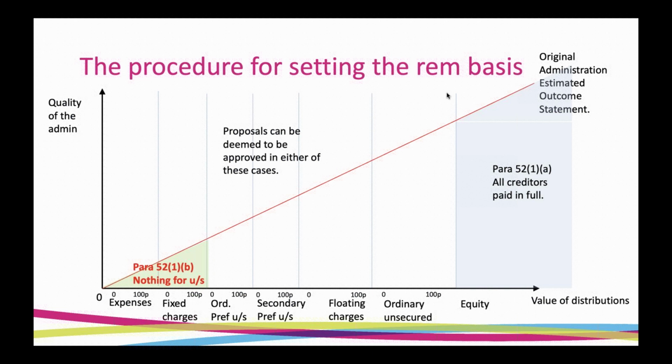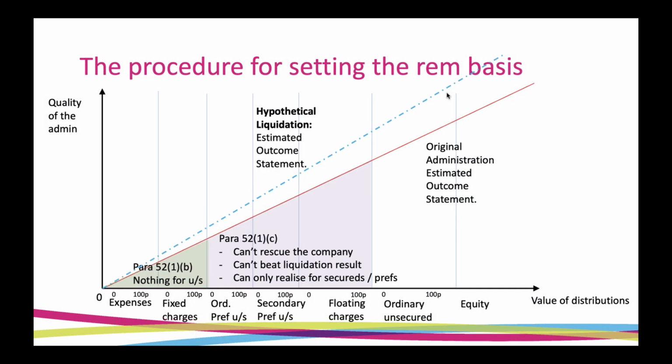So paragraph 52(1)(b) will not apply if you think you're going to be realizing assets for the benefit of preferential creditors. It only applies if there is nothing for unsecured creditors, which includes preferential creditors.